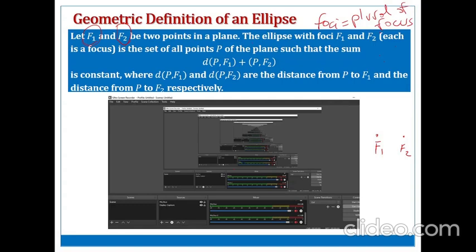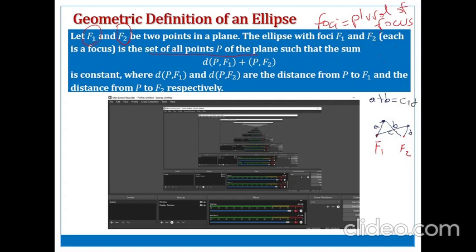The ellipse is the set of all points. So we are trying to find the points. The blue ones are the points that have this property. Their sum here, let's say this is A, B, and we want to find another one like this one. Let's say this is C and this is D. Their sums are all the same.